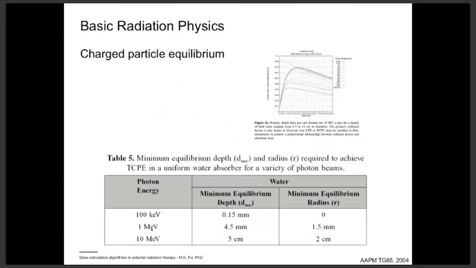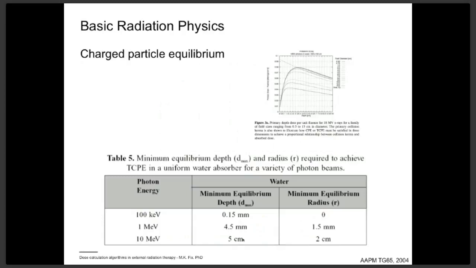If we go to 1 MeV photon energy, there is also already a couple of millimeters build-up, and laterally 1.5 millimeters. We see on this graph that for increasing energy, the build-up laterally as well as in depth is increasing, and that the lateral equilibrium is shorter in dimension due to scatter processes than in the depth dose region.